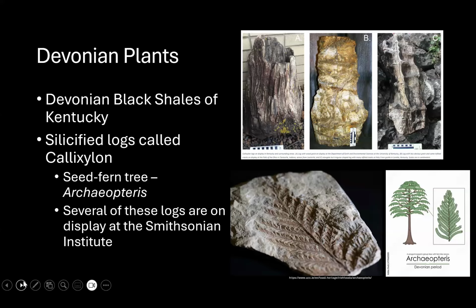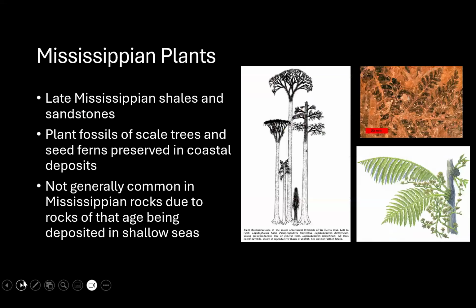The most common one in the Devonian is Archaeopteris. Very, very cool looking plant.